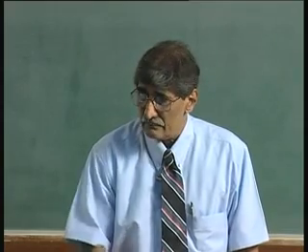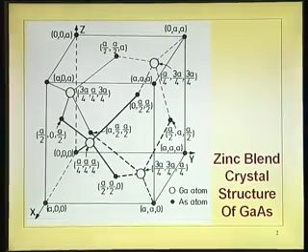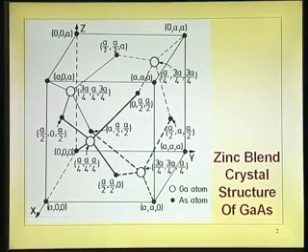Now, let us take a look at the crystal structure. This structure is the cubic structure. When you say cubic structure, to recapitulate your memory, you can have a simple cubic structure.